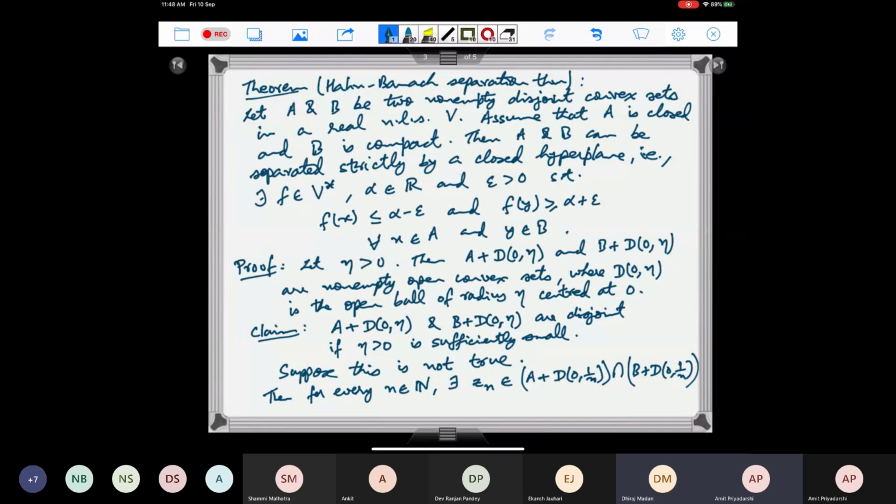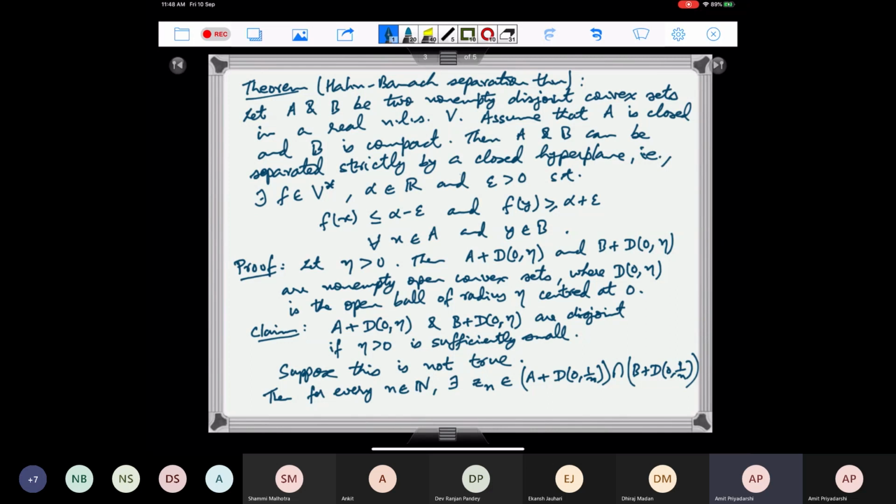In general, even in a topological space, you can prove that if you have a Hausdorff topological space and a closed set and a compact set, then you can separate them by open neighborhoods. That is the usual thing, as you may have seen in topology.